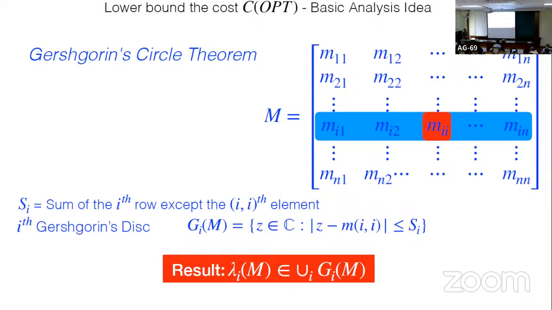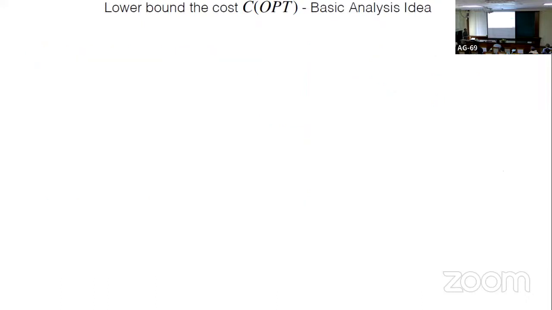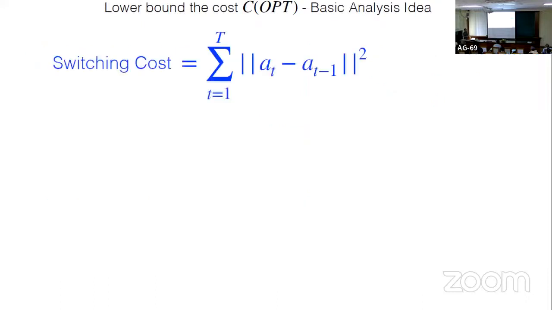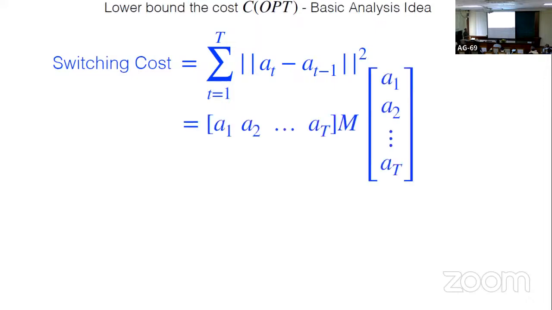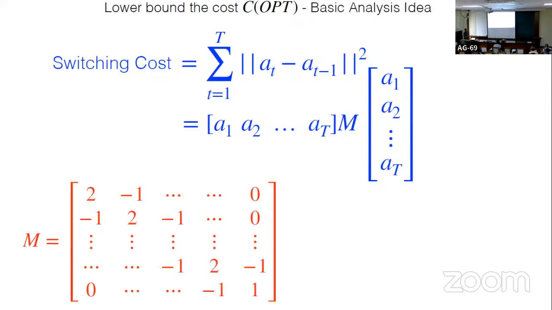It's a very strong statement and was very helpful for the following reason. If you remember the switching cost of this quadratic function, it can be written as a vector A1 through AT, with the same vector as a transpose here, and with the matrix M, where matrix M has a very special structure. That's where everything essentially came.